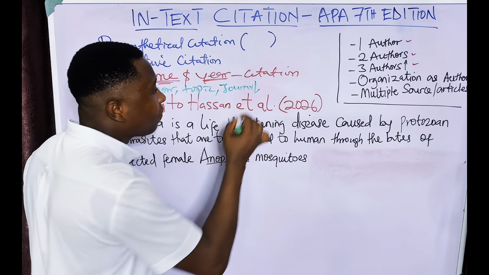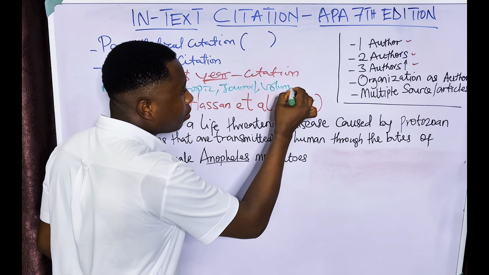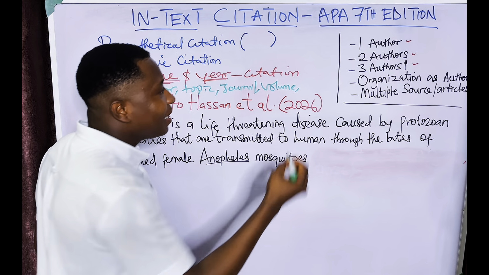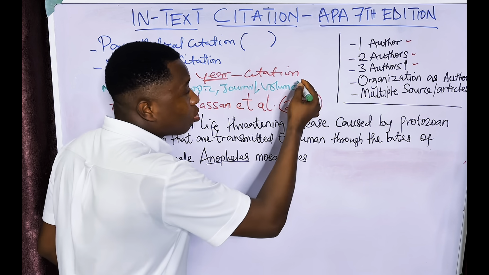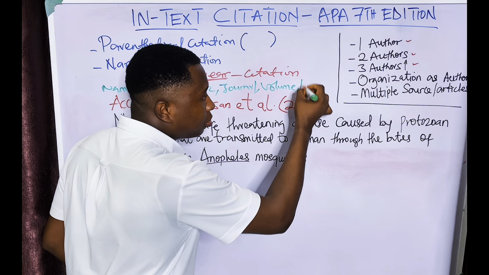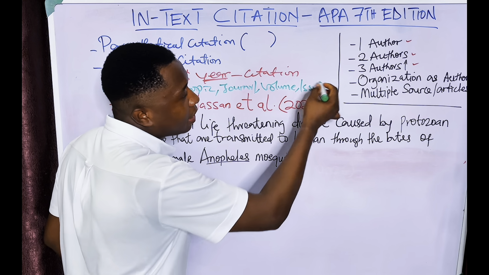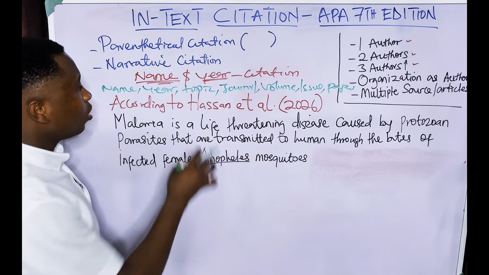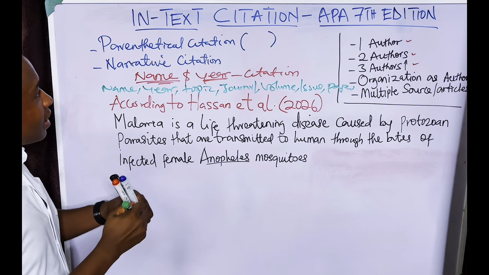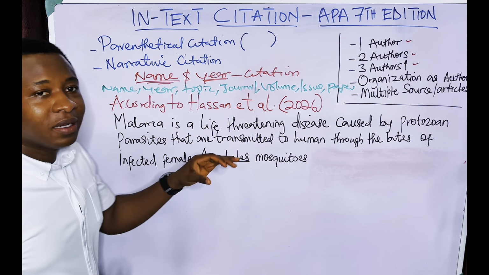After the journal, it will have the volume. Then, in some cases, it will have the issue, then pages. So that's the major difference between in-text citation and references.